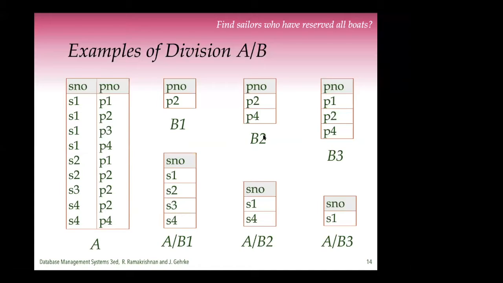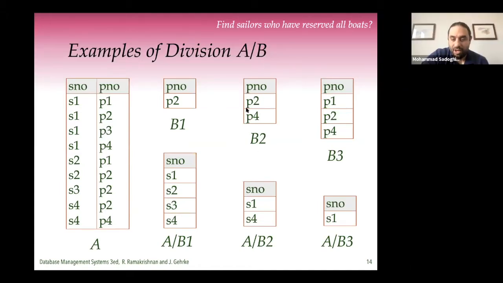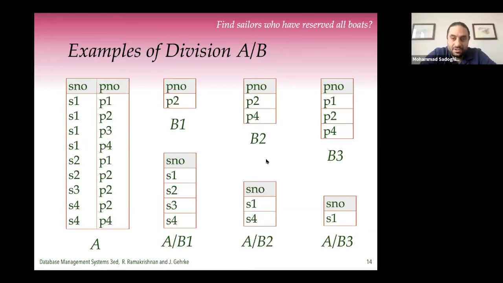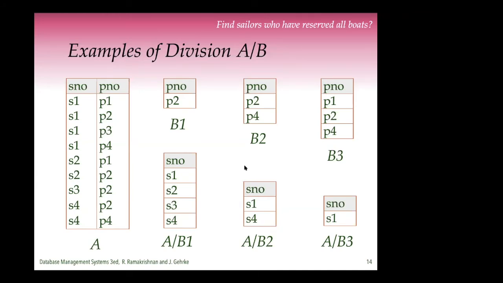like P2. How do you know? How can you pick P2? Because you don't know what's inside this relation. These two relations could be any two arbitrary relations. Good point. So you can't hard code it. Right.